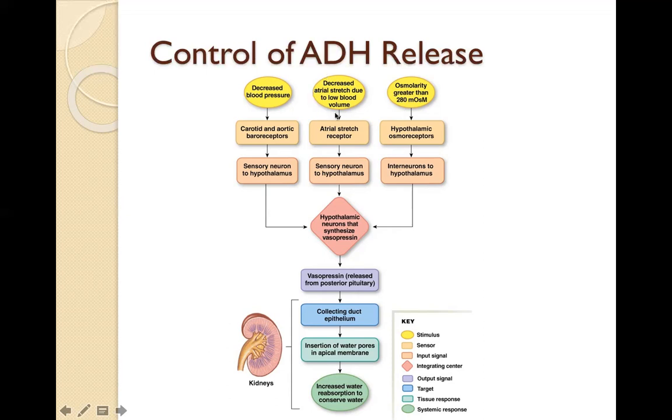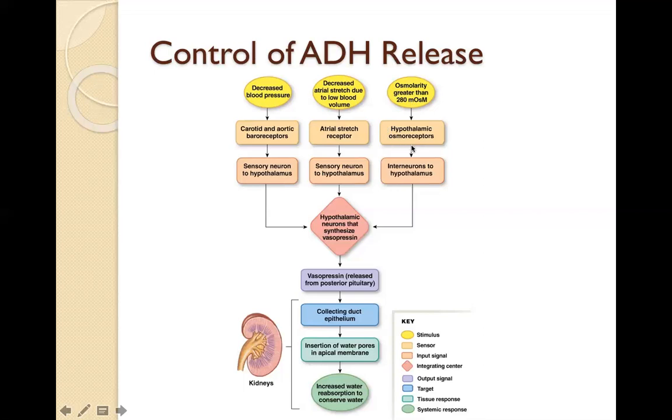The decreased atrial stretch will be sensed by that atrial stretch receptor. And again, there's the sensory neuron sent to the hypothalamus. Those hypothalamic neurons will synthesize vasopressin, sent to the posterior pituitary, and then released, and the same process follows. The osmolarity of greater than 280 milliosmoles will be sensed by a hypothalamic osmoreceptor.